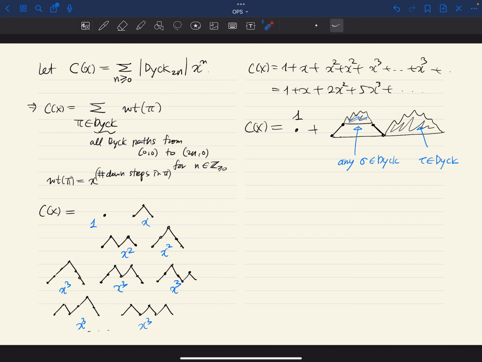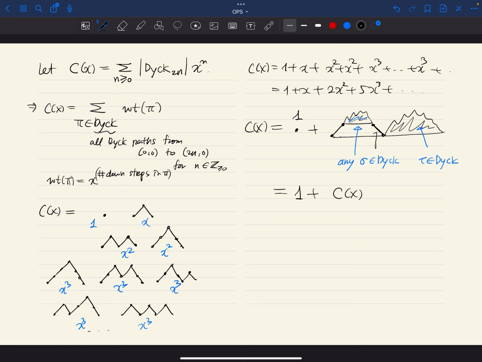Whenever you give one Dyck path and put it here, and then another Dyck path and put it here, you get a Dyck path. That means if you collect them all nicely, this is going to be 1 plus. This will give you a generating function for Dyck paths, which is C of x.